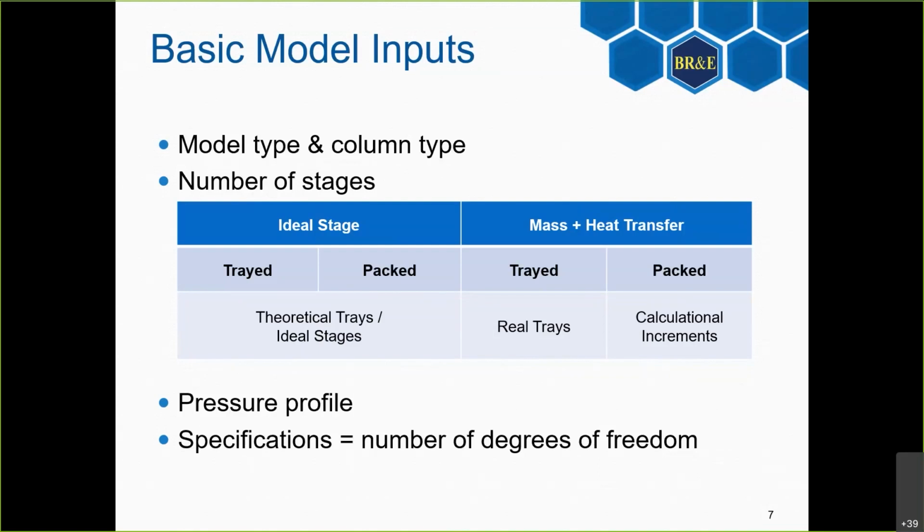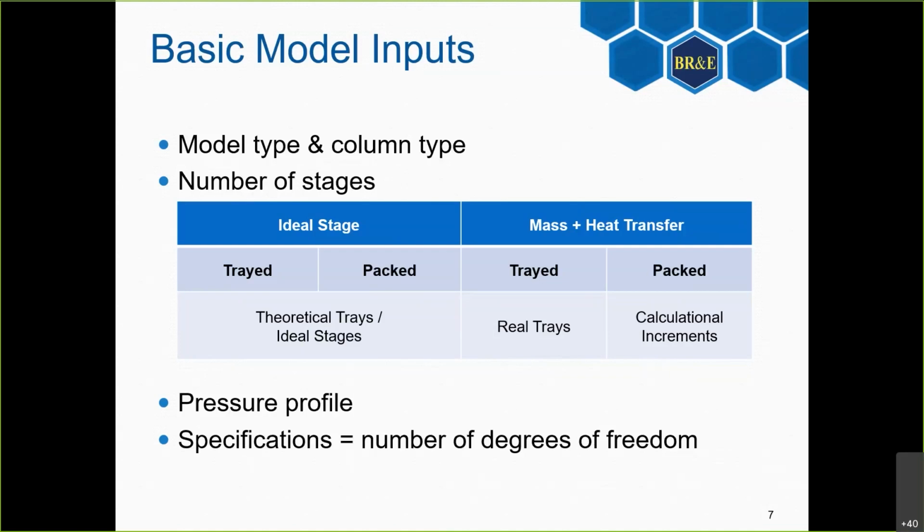Another two things that we have to specify for any model type is pressure profile. So this is something that you can directly specify as a user, or you can let Promax calculate it if you also put in geometry. And last but not least, specifications. The number of specifications has to correspond to number of degrees of freedom.